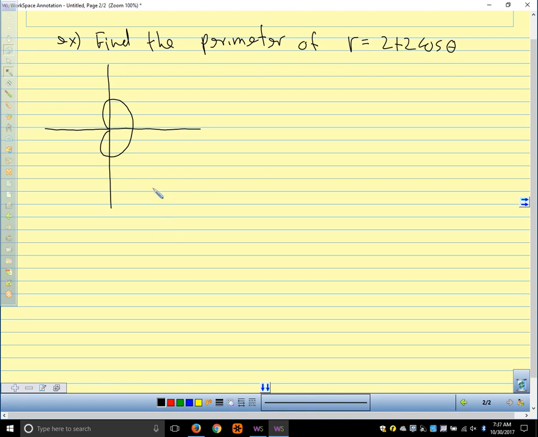All right, so there is a rough sketch of our cardioid. This one's more kidney shaped than cardioid shaped, but it's pretty close. The curve is traced once on 0 to 2 pi.